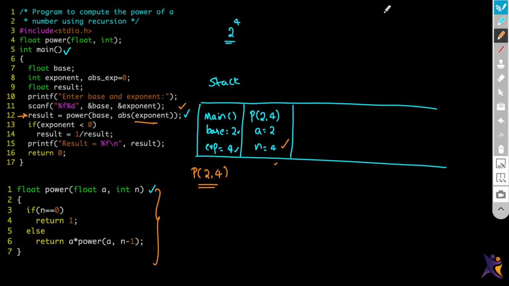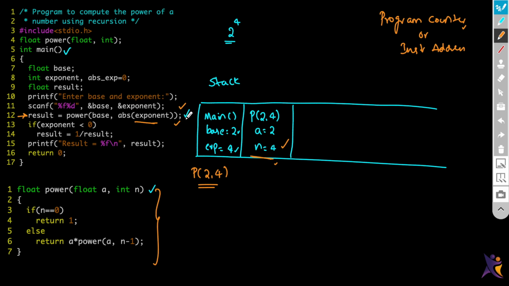That is called the program counter or instruction address. It specifies which instruction is to be executed after completing this function.